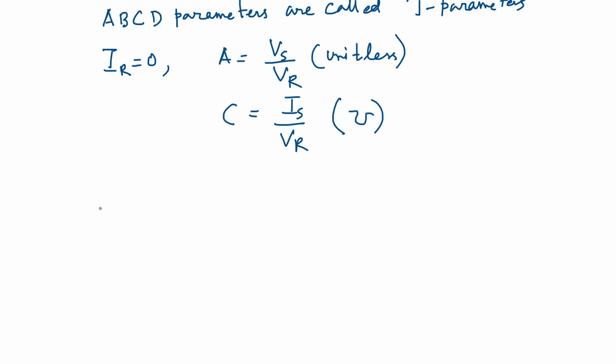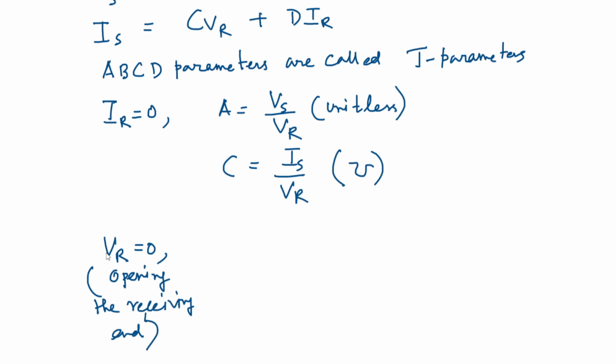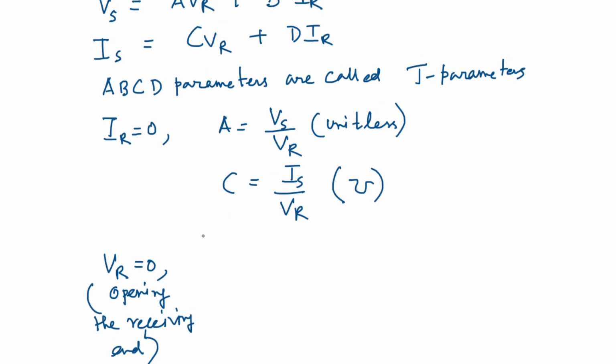On the contrary, if you consider Vr equal to 0, that means shorting the receiving end, then B can be written as Vs by IR.